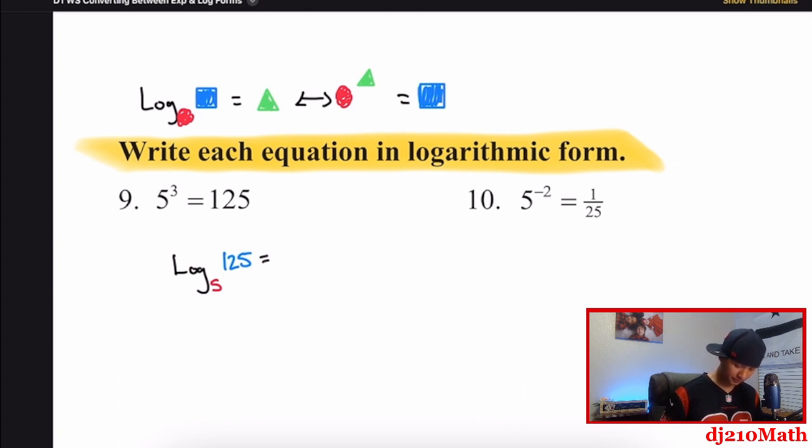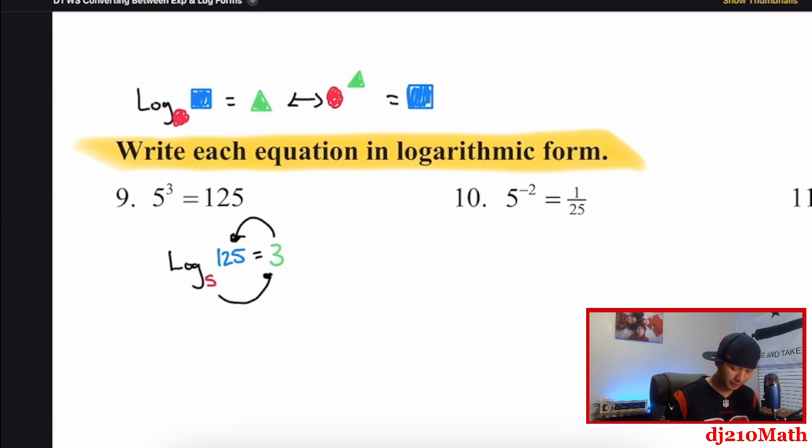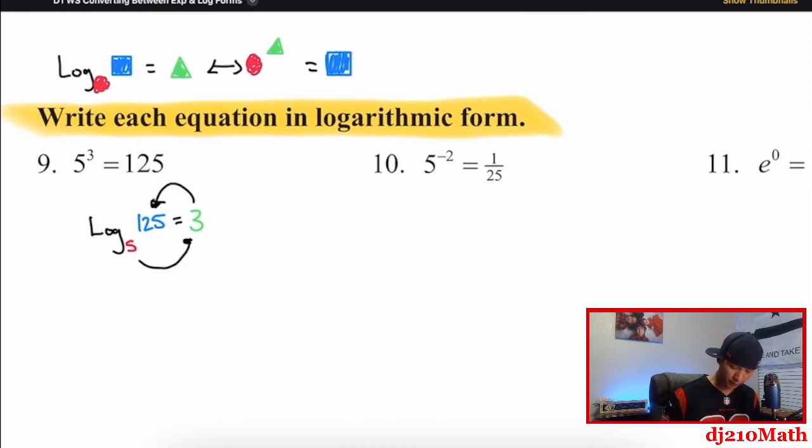The triangle, the exponent. And that makes sense. 5 cubed equals 125. So you can check yourself real quick, that's correct. All right, see if we can go quick without making any mistakes. That's the goal, right?